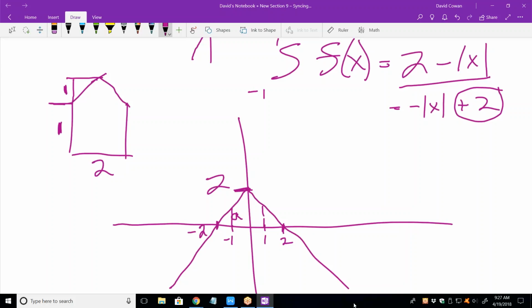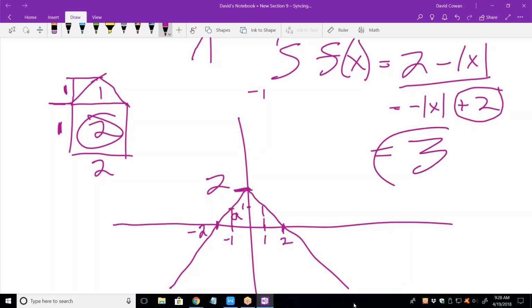In other words, because that slope is 1, then that point right there has to be 1, and so forth and so on. So the base of this little house I've drawn here is 2. The height is 1. Let's split it up into 2 triangles. The area of that is base times height, 2. The area of this is 2 times 1 half of that, so it's 1. So that whole area is 3.